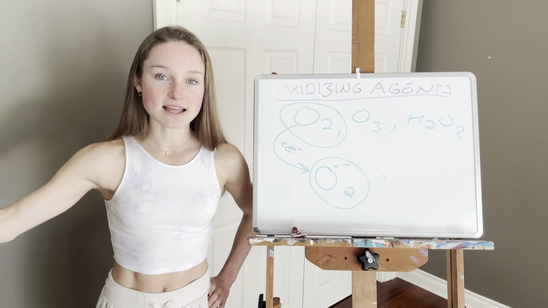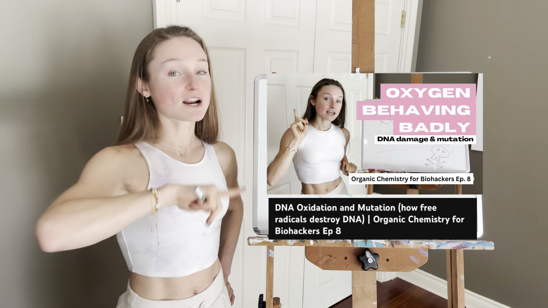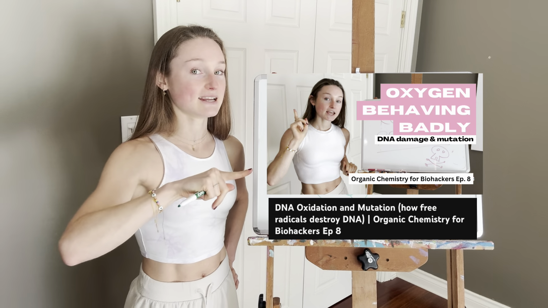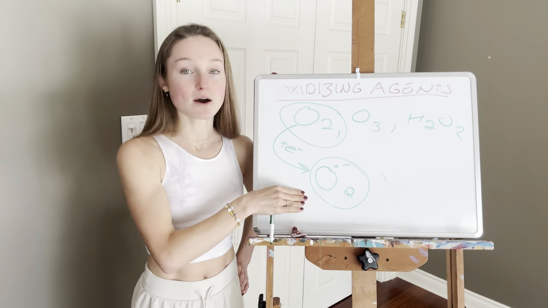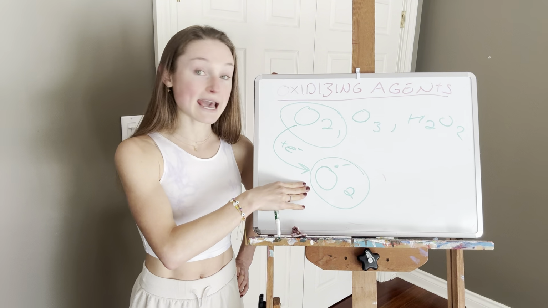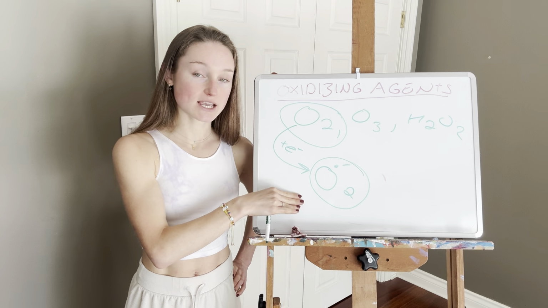If none of that makes sense, but you're really curious about it, watch my video on free radicals and DNA damage, because literally that whole entire video was all about the DNA-based guanine being oxidized. Superoxide anion, huge disaster case for your cell.